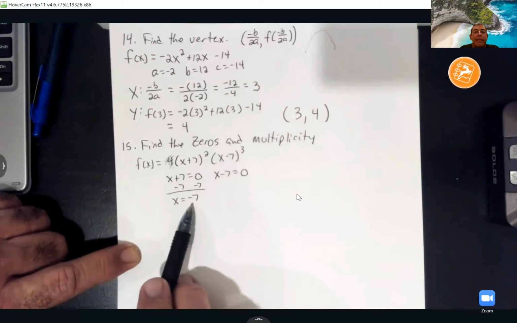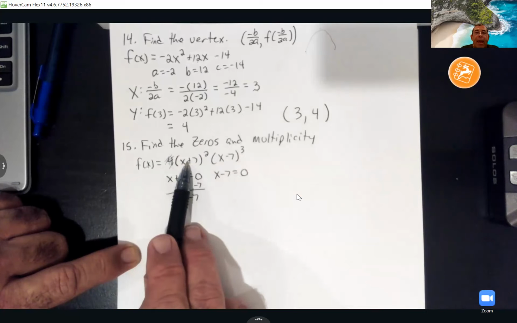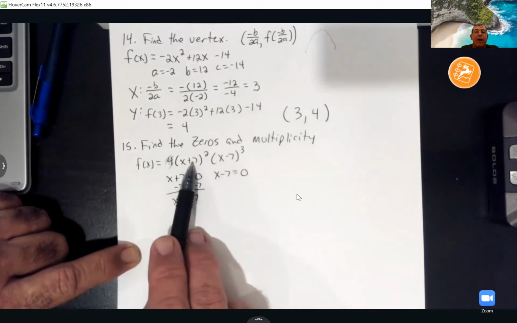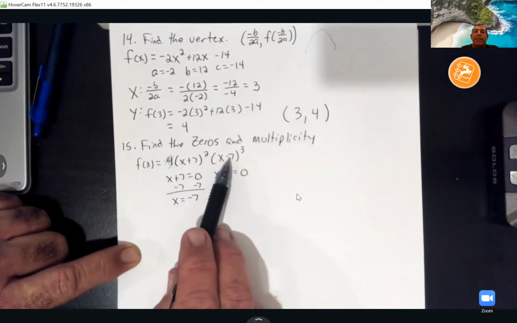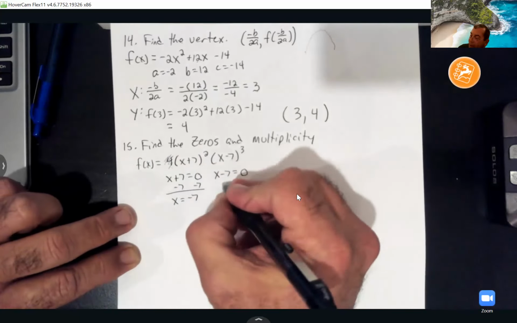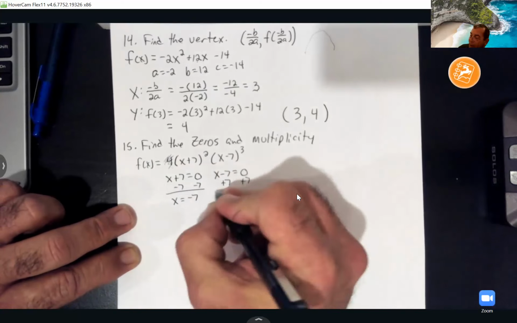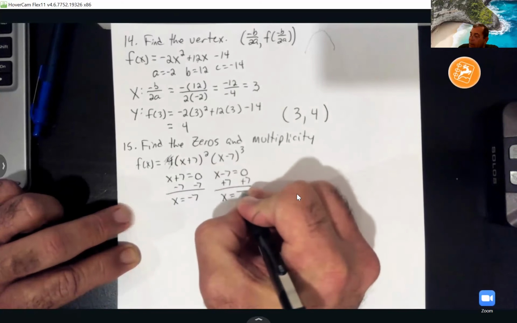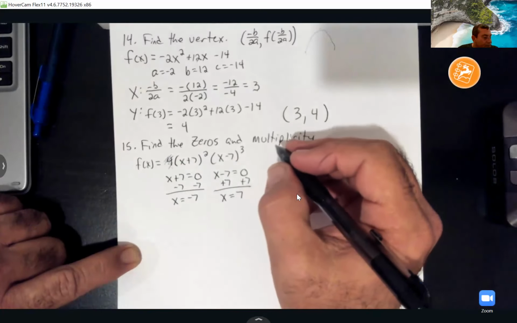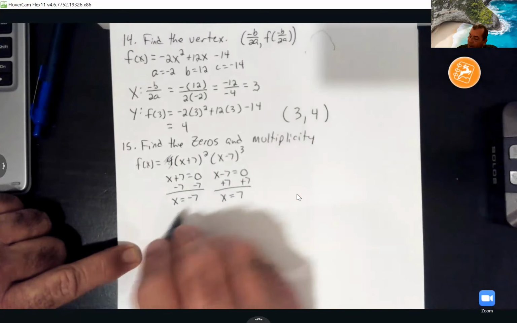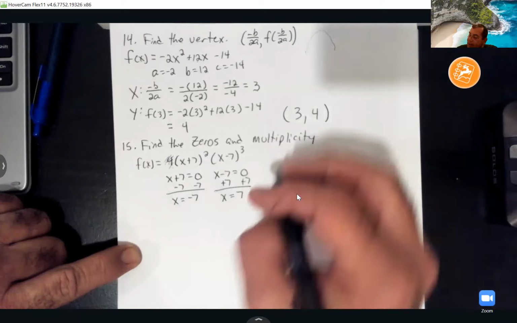Remember, the zeros are always opposite in sign from their factors. So that was a +7 factor, the zero was negative. Watch, this one has a -7 factor. Well, its zero is going to be a +7. So the first zero was -7.